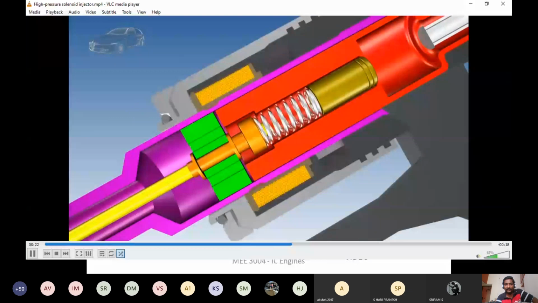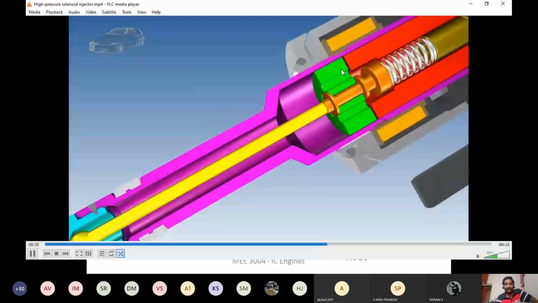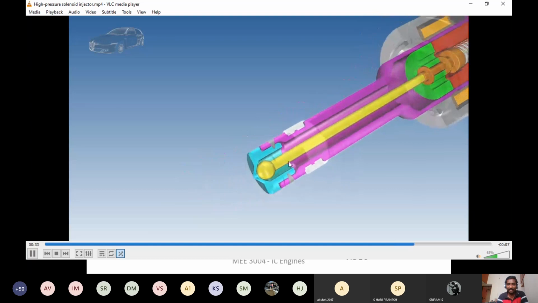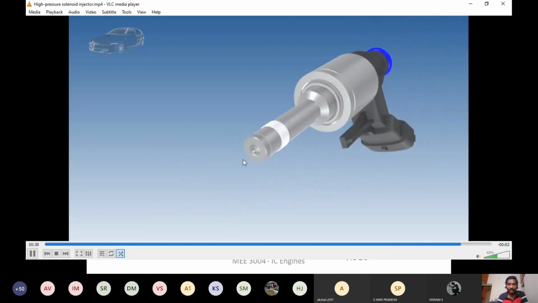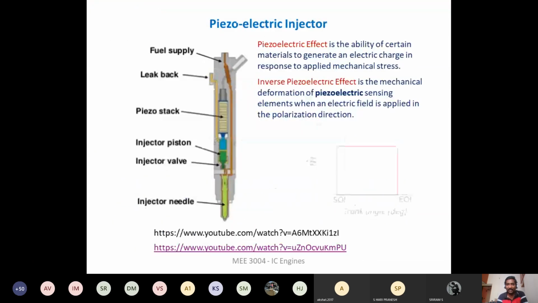Here this portion is supplied with high voltage. Because of the energization, this solenoid valve works. This is the needle valve. As the needle valve moves up and down, the orifice opens and it starts spraying. See, fuel spray. Okay, this is about solenoid valve activation.